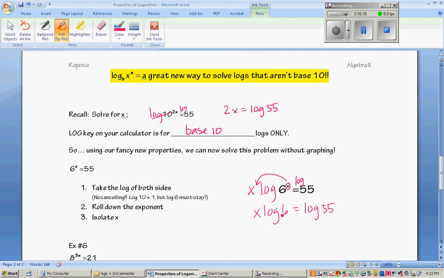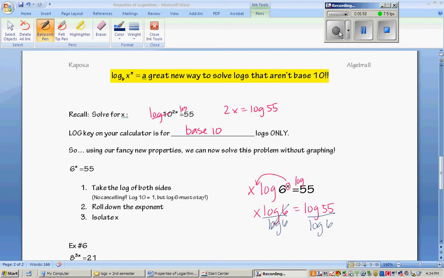Instead of our log canceling out, that's fine. Now we're just going to divide the log of 6 on both sides. And so x is going to equal log 55 divided by log 6. And you're fine.